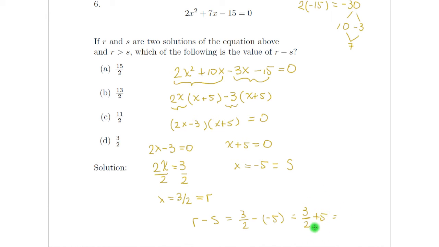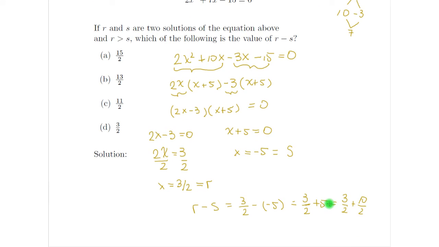Well, I have a 5, I have a 2. Clearly 2. And then we multiply by 2 to get 3 halves plus 10 over 2, which if you add them together gives me 13 over 2. And that's answer number B.